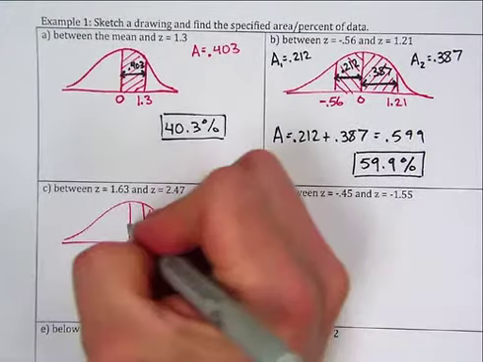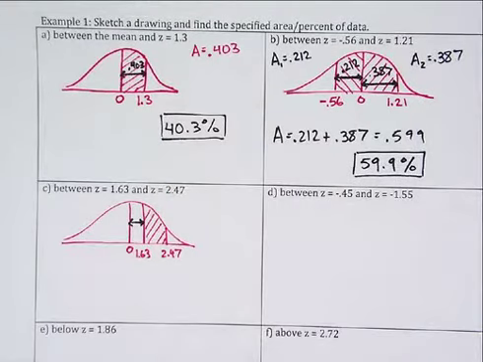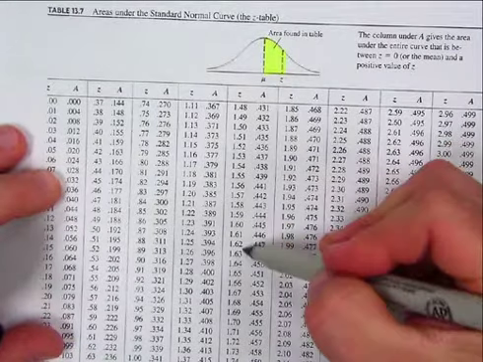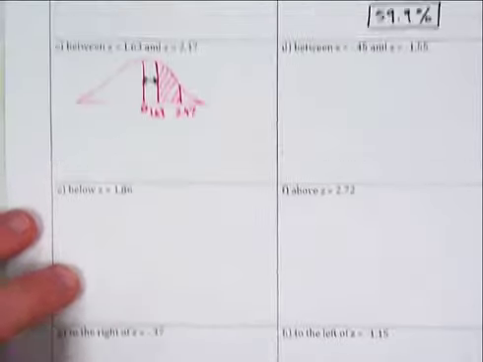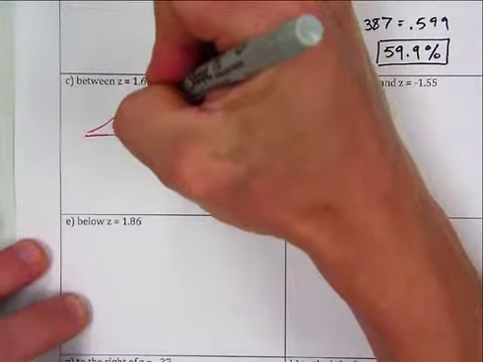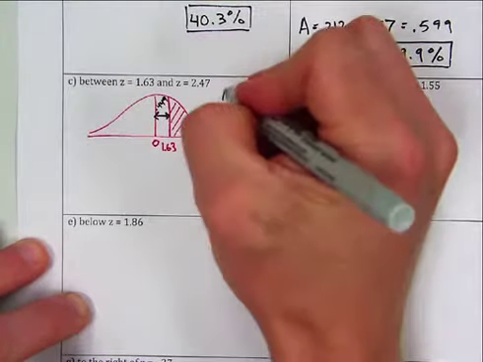So we're going to look up in our table for our first area. So 1.63 gives us an area of 0.449. You can draw it right there, or you can just write it off to the side.